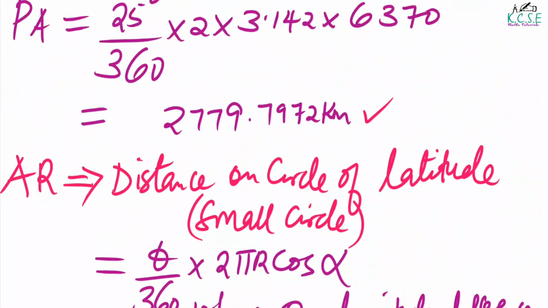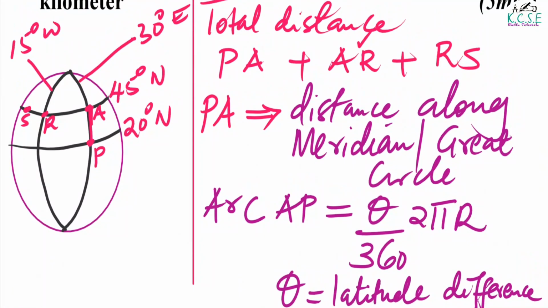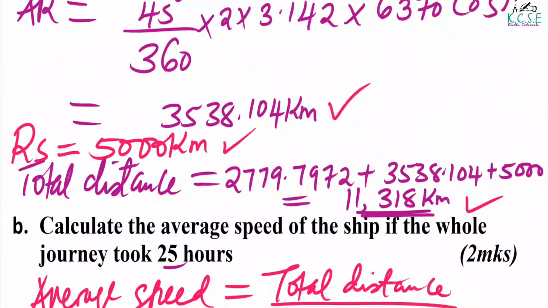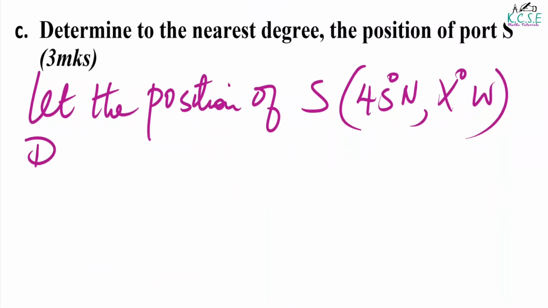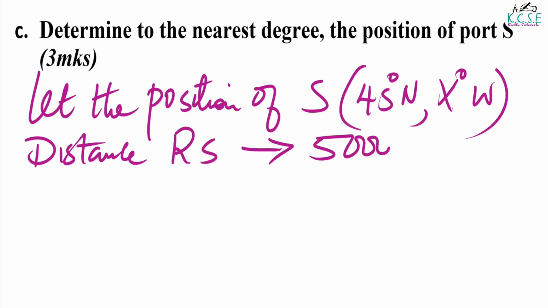What will help us get the position of S is the distance, because already we know the distance SR or distance RS. Distance RS is 5,000 kilometers.